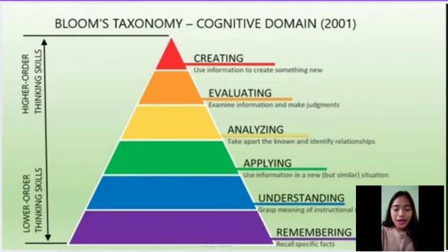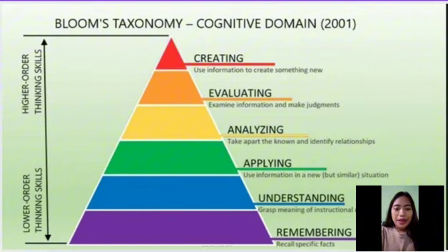Level number 4, analyzing. The learner breaks the learned information into its parts, determining how the parts relate to, interrelate to one another, to an overall structure and purpose through differentiating, organizing, and attributing.